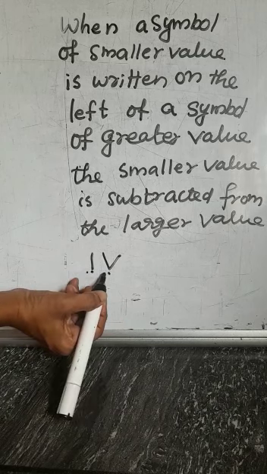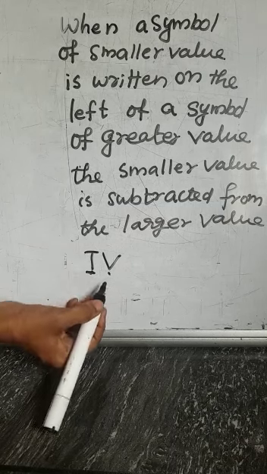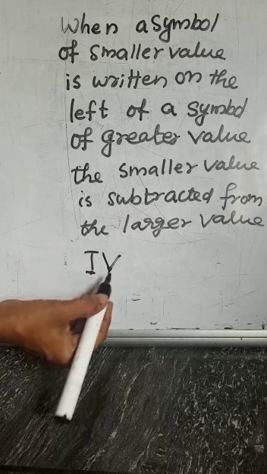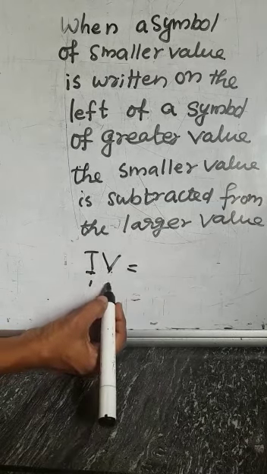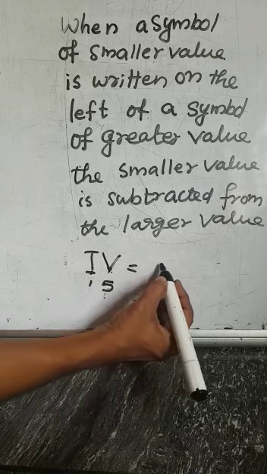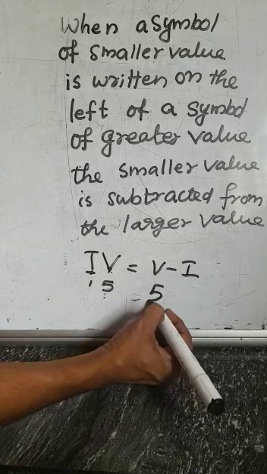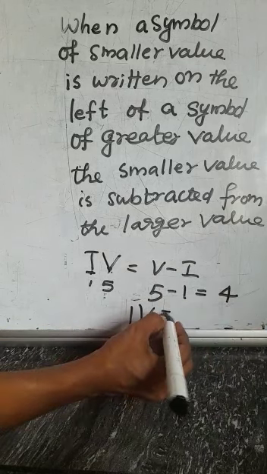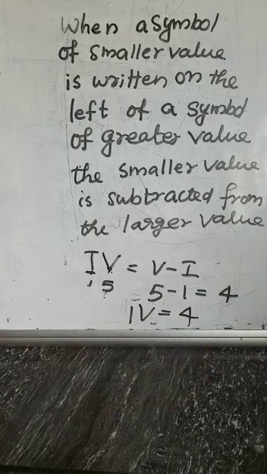The smaller value is written on the left side of the larger value, so we subtract I from V. We know the value of I is 1 and V is 5. Then we subtract V minus I, that is 5 minus 1, that is 4. So IV equals 4. Here we subtracted 1 from 5.